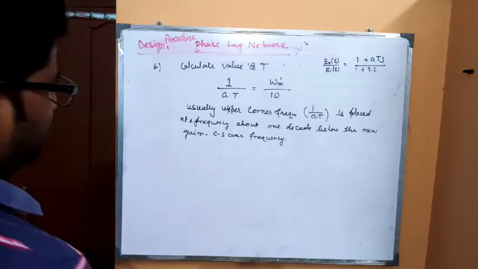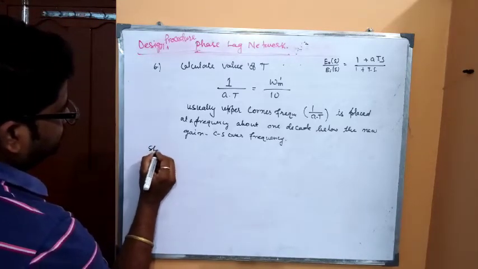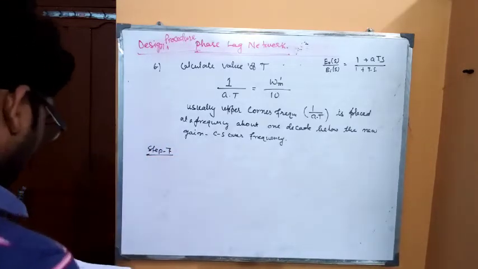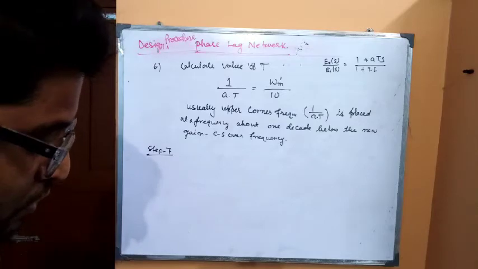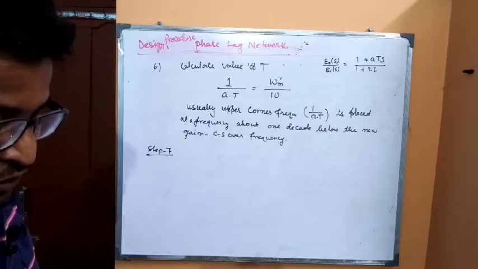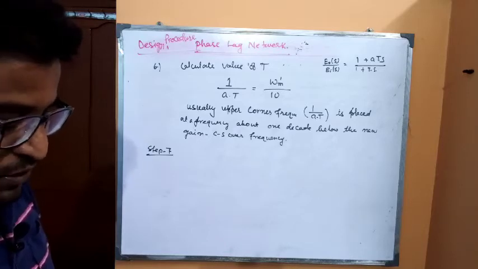Now step 7: draw the Bode plot for the compensated system and investigate to see if the required phase margin is met or not.